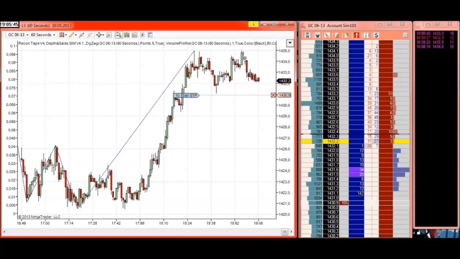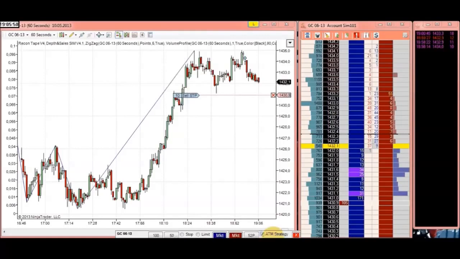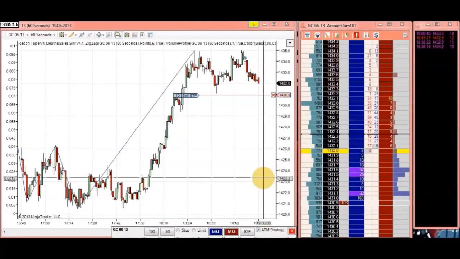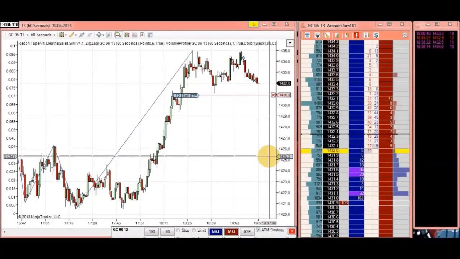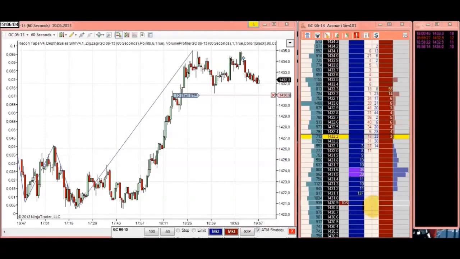Okay, and then I have a straight bar over here. Hopefully I can see some order stacking and it can help me to find the right place to exit the trade.